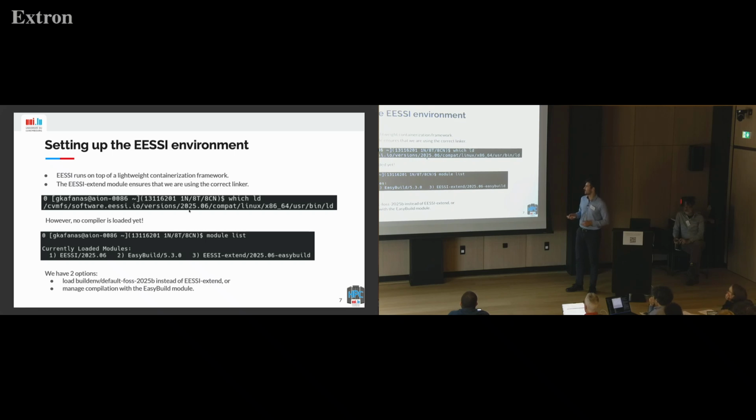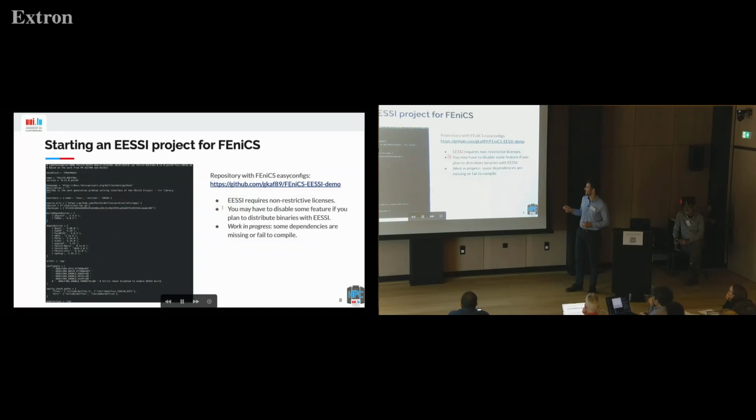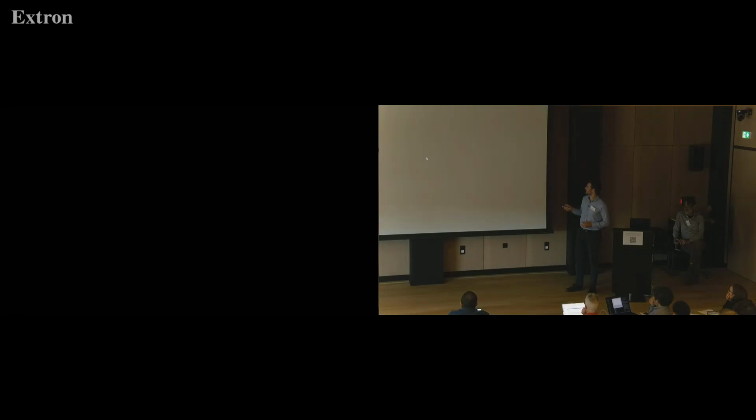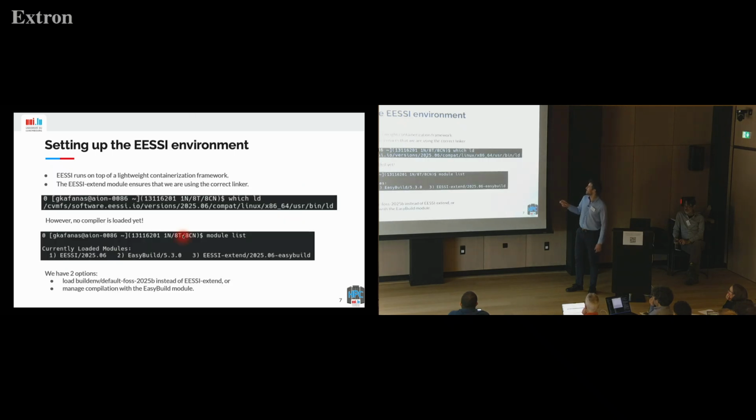EasyBuild ships its own linker, and this linker ensures that you link with the binaries shipped by Easy and not with local binaries. After that, when you load this EasyExtend module, you only get access to these three modules here. So you have EasyBuild and EasyExtend, so the correct linkers.